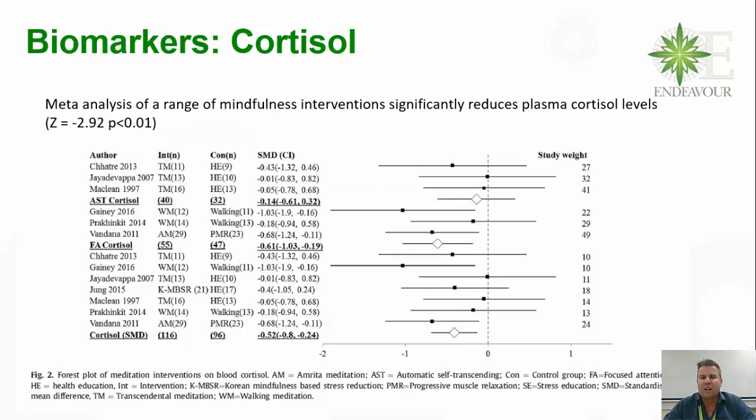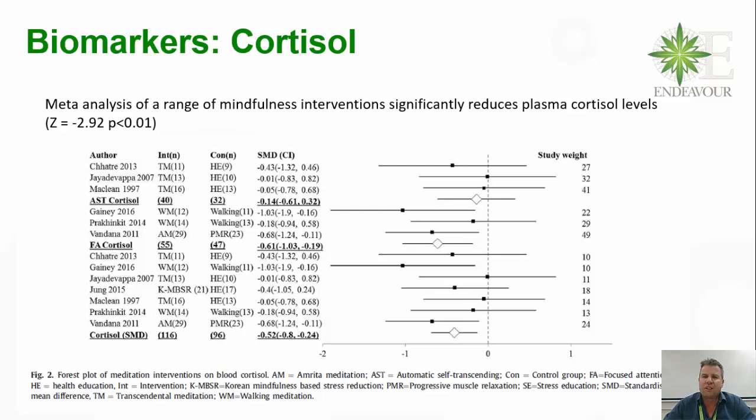If you don't deviate much from 0, then the intervention wasn't effective. So there wasn't a significant change in the cortisol levels if the dots are not very far from that 0 line. But when they shift significantly to the right or to the left, it means there's been a big change in the cortisol levels as a result of that intervention.